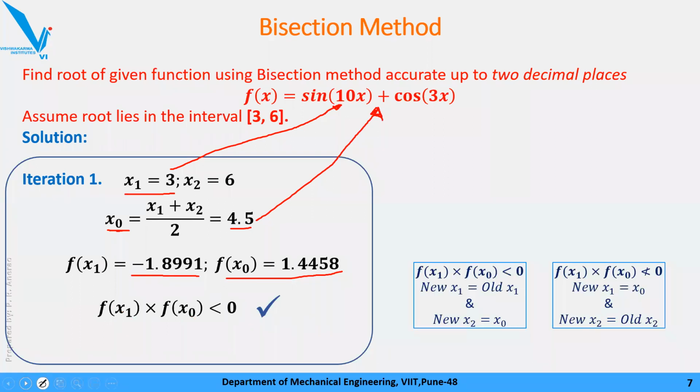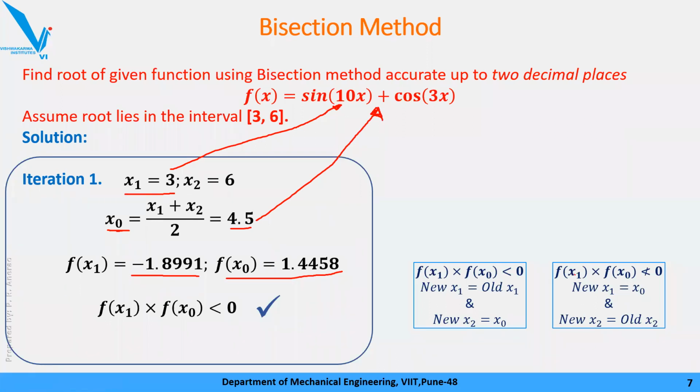Somewhere in your notebook please write down this condition. If f of x1 into f of x0 is less than 0, then for the next iteration, new x1 is nothing but old x1 and new x2 is nothing but the x0 just calculated.